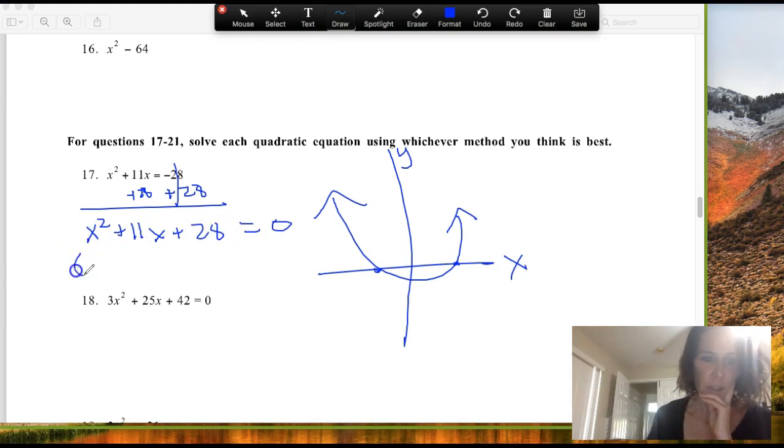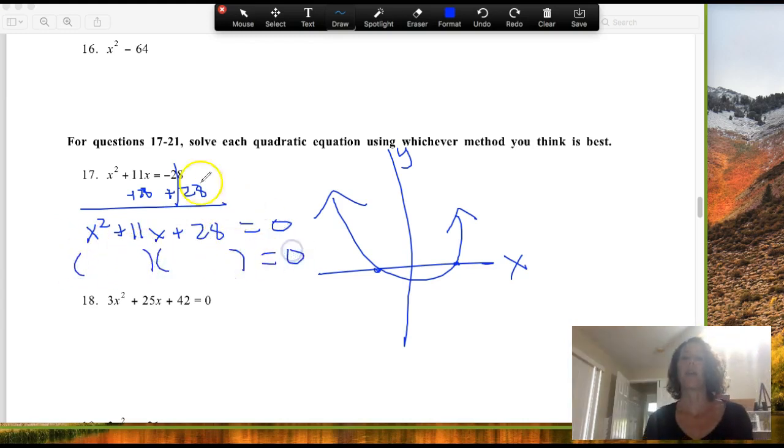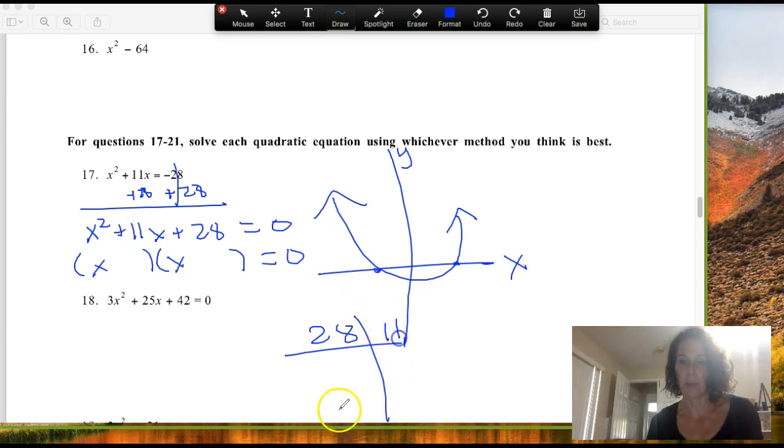Does this factor? If it does, I can use the zero product property and find out where this is 0 or where my y is 0. Okay, so I'm going to go ahead and do this term here and here. x goes here and here. And then I'm going to remember the factors of 28. What are they? They have to add to be 11. Since I don't have a term here, they do add to be 11. I love it when I don't have a term now.